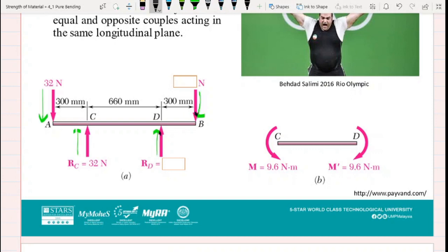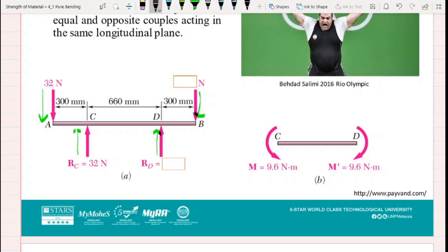Therefore, as far as the middle portion CD of the bar is concerned, the weight and the reactions can be replaced by two equal and opposite 9.6 Newton meter couples.